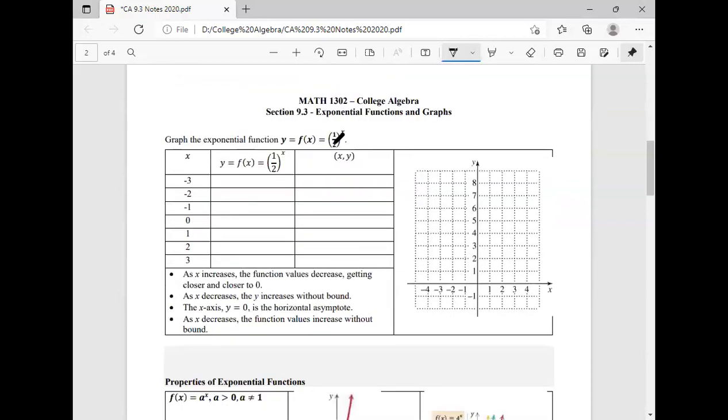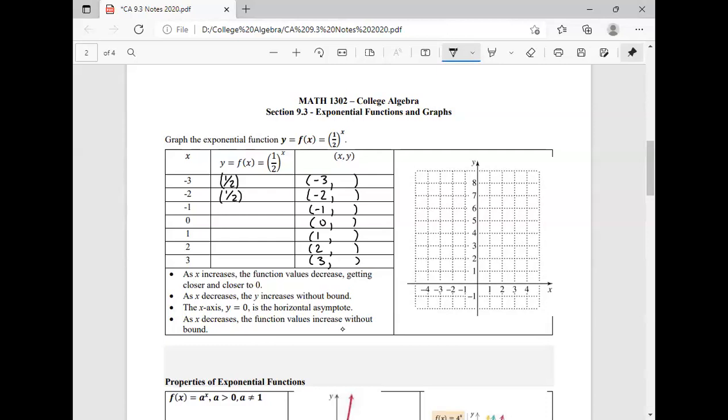Okay, so the only thing that we've really changed here is now we don't have a 2, we have a 1/2. So we're looking at the same type of problem. They're still telling me every time what my x is, so I'm going to jot those down. They're asking me to take 1/2 and raise it to a power.